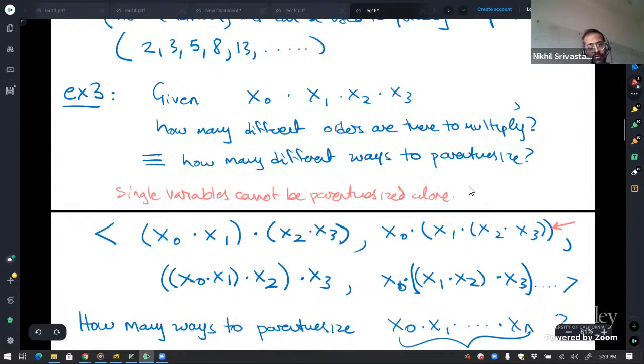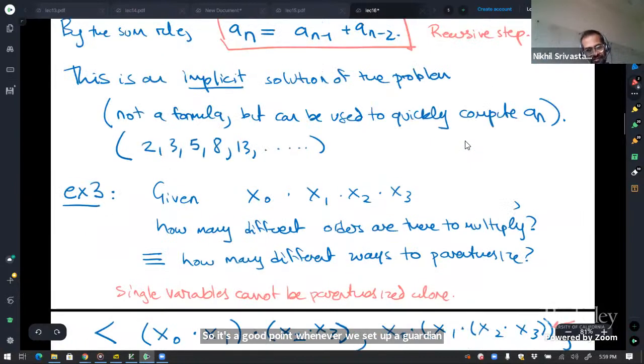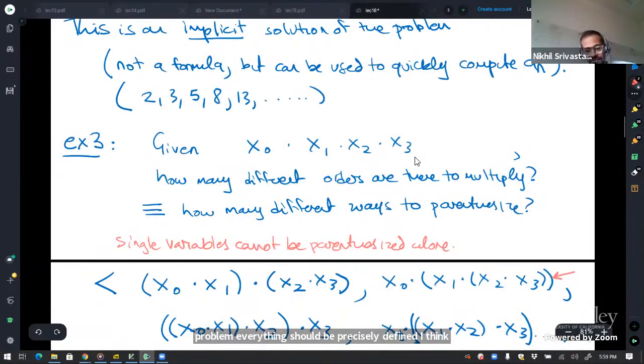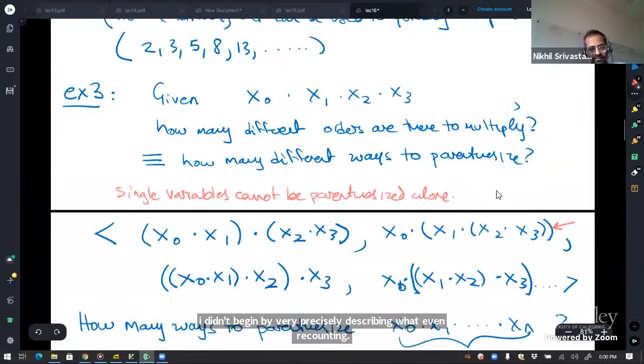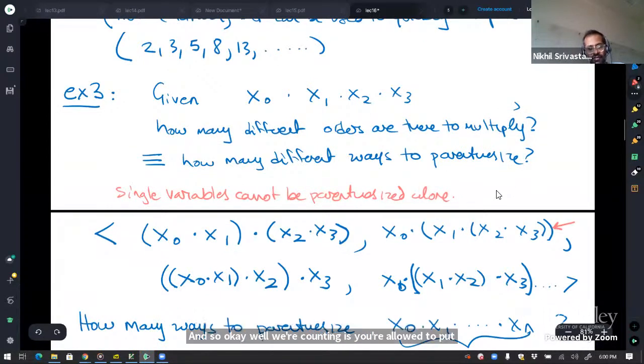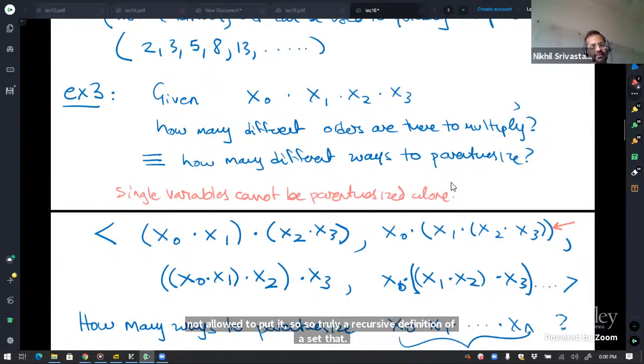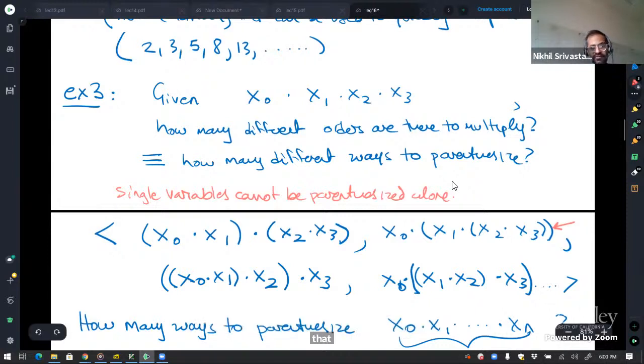Whenever we set up a counting problem, everything should be precisely defined. And I think part of the reason I messed up this exposition is that I didn't begin by very precisely describing what we're counting. What we're counting is that you're allowed to put parentheses around products. So it's really a recursive definition of a set: you're allowed to multiply two parenthesized expressions.